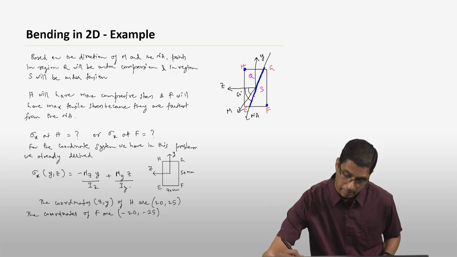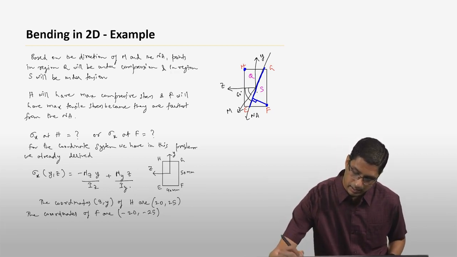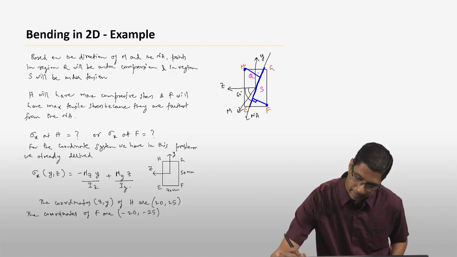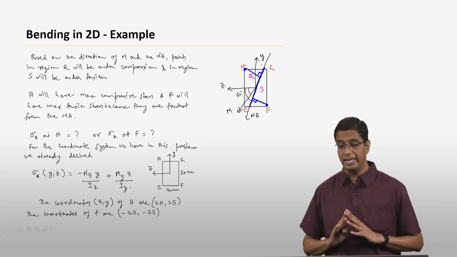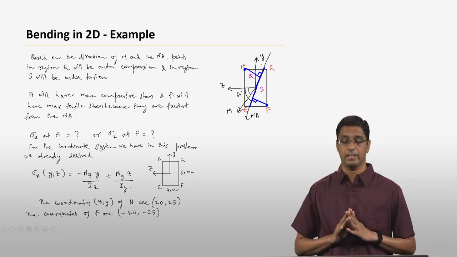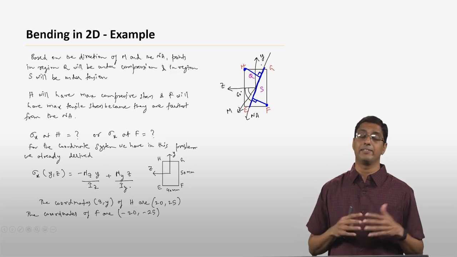If you draw a perpendicular from this point and a perpendicular from that point, that perpendicular distance is going to be the highest for any point in this cross section. So it has to be either point H or point F that essentially has the highest stress.